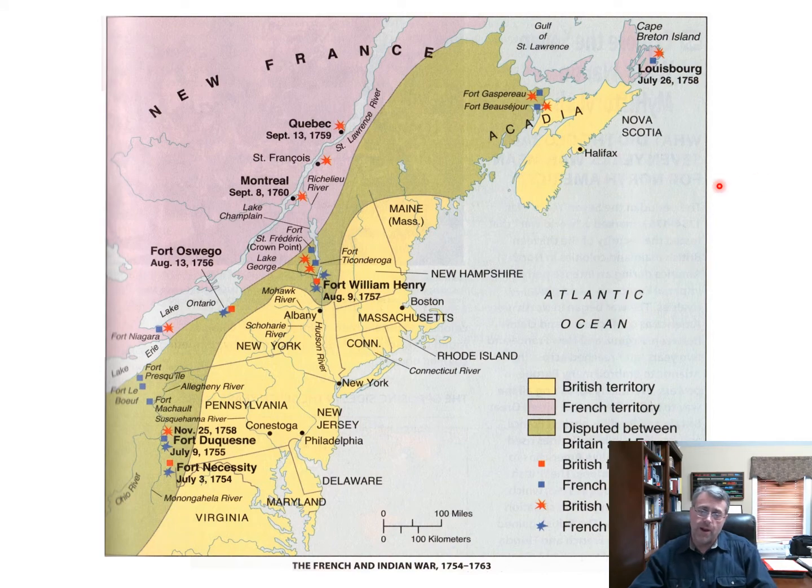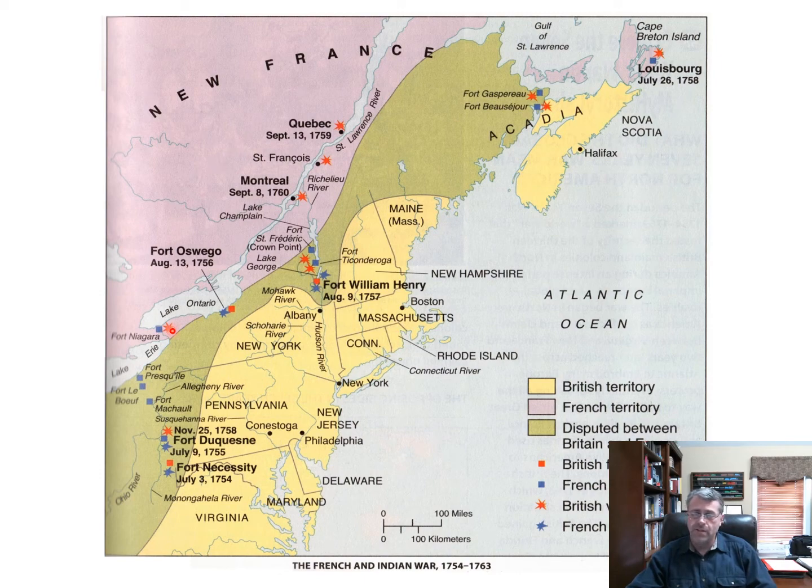We look at our map here. We're kind of zoomed in from the previous map. This map is actually a map of French and Indian War battles, but this map can also be useful for all of our wars for empire because they all share the same characteristics. We talked about control of the New England area, and here we're zoomed in on the New England area.